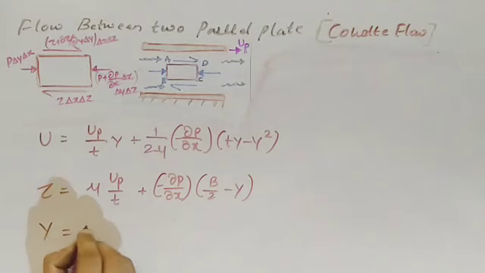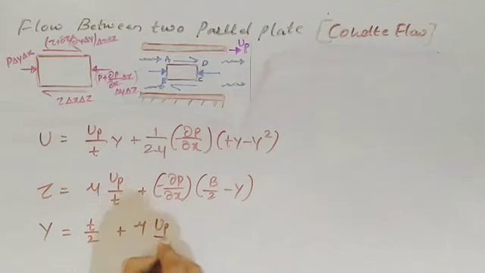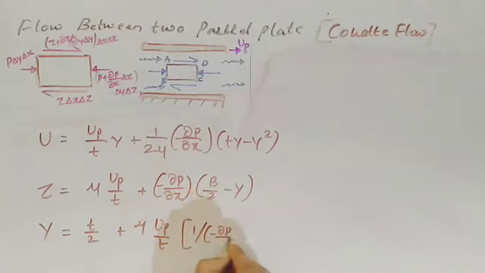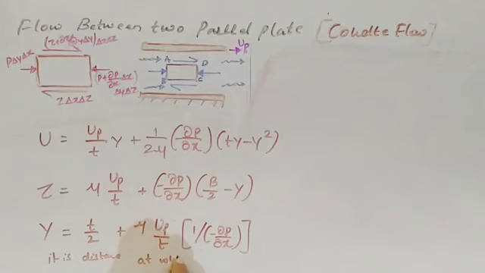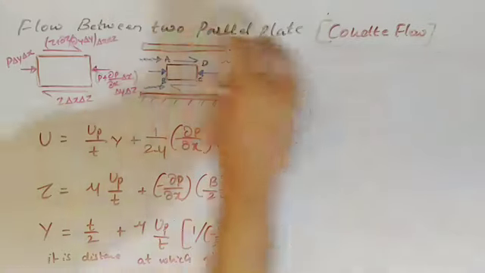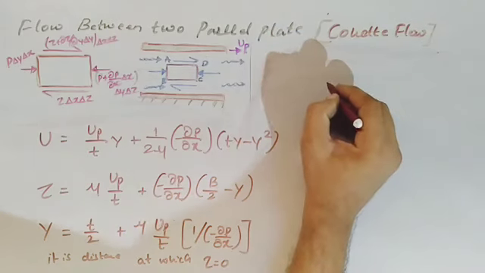Now y is equal to t by 2 plus mu u_p divided by t into 1 divided by minus dou p by dou x. This is the distance at which tau will be 0, that is minimum. Tau will be minimum.